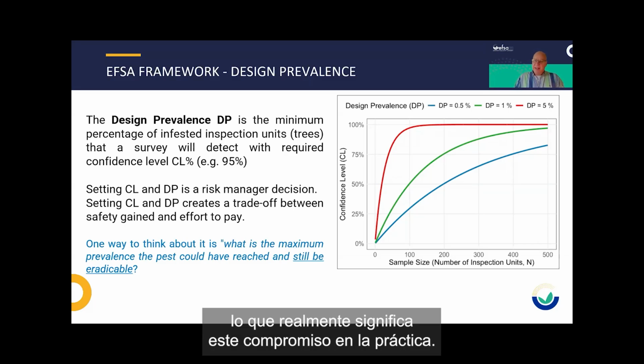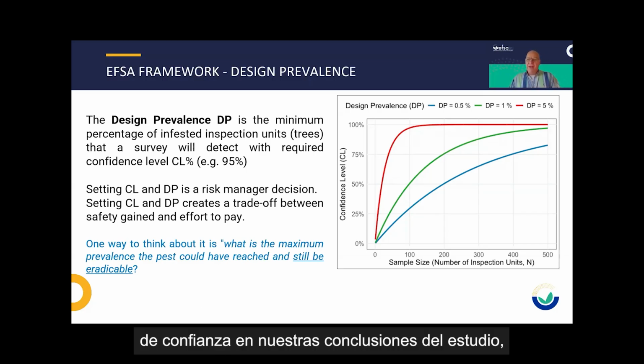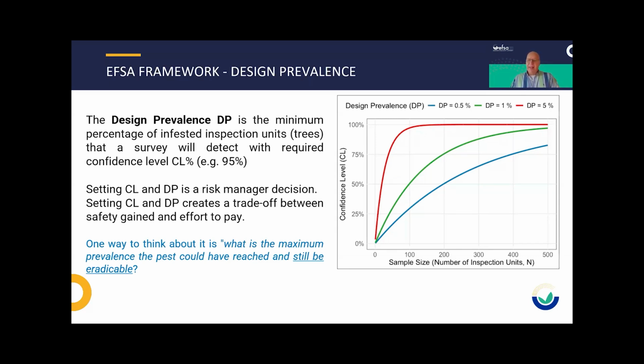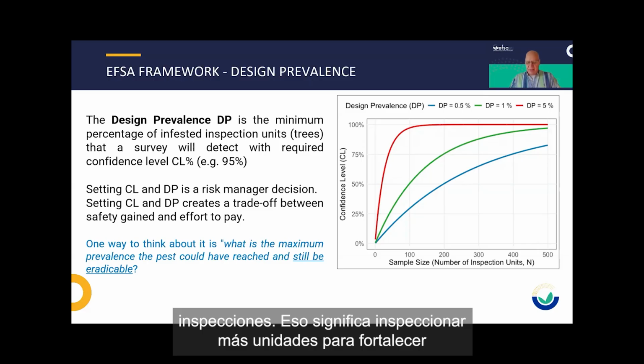And now, what is the issue of the manager trade-off here? If we are interested in a high confidence in our survey conclusion, then we would increase this confidence level by a larger effort of inspection units inspected.